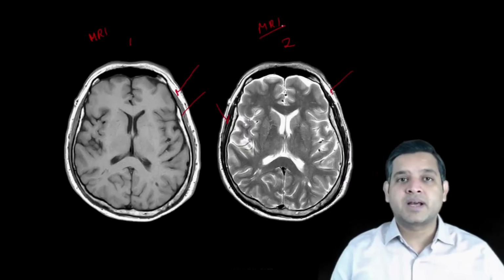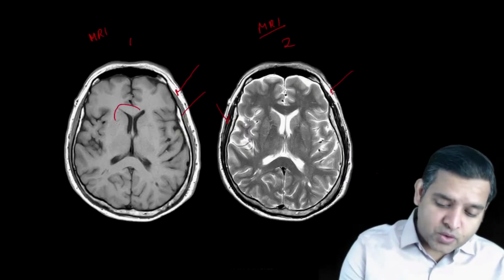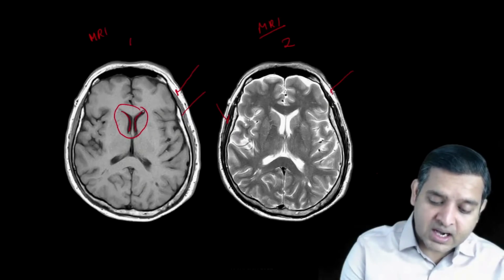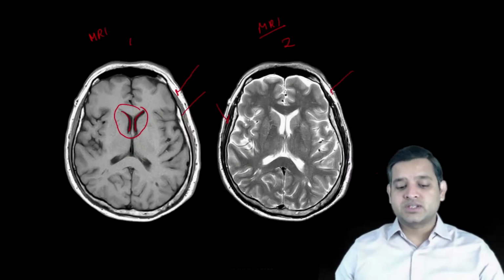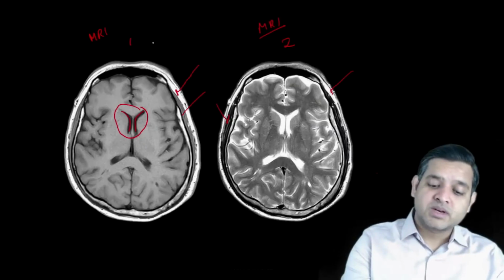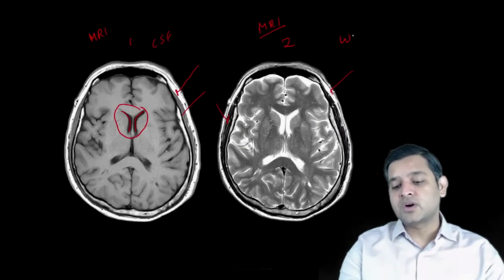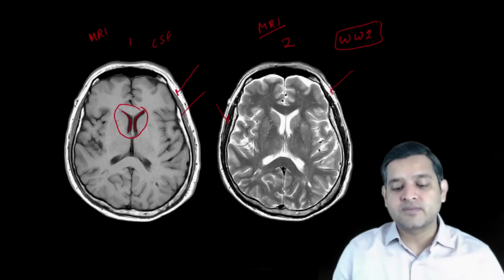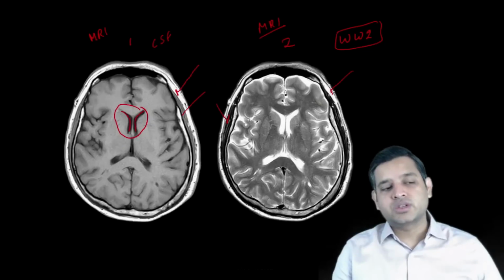If both the images are MRI, then what is the difference between them? Now, I want you to pay attention and focus on this area. I think all of you will agree that these are the ventricular system, correct? The ventricular system contains CSF. So just remember one phrase, World War II. What is World War II? Water is white on T2.